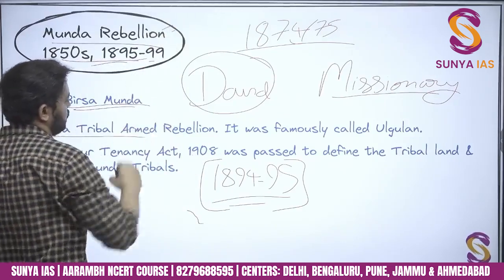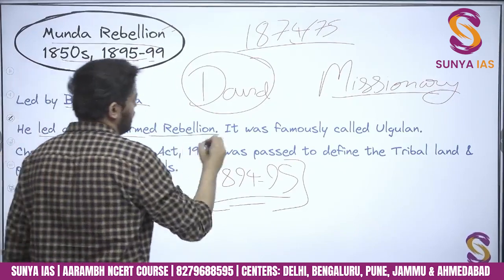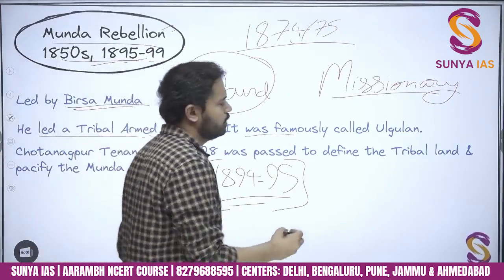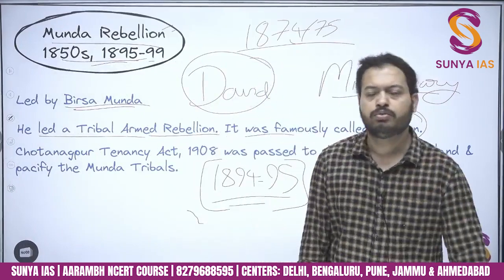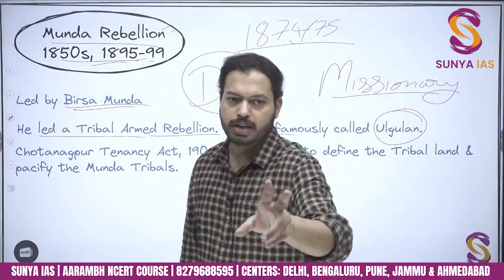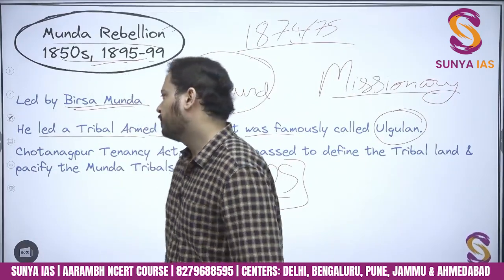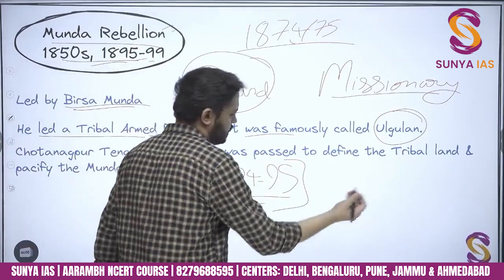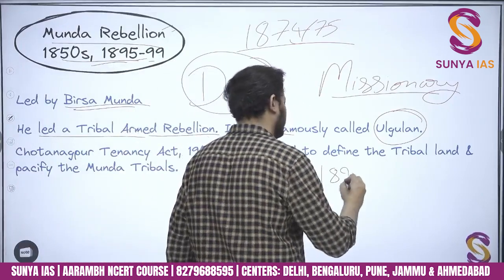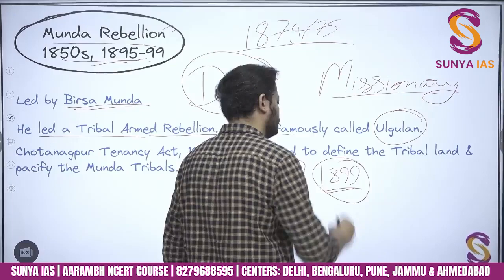He led a tribal armed rebellion, famously called Ulgulan, the word they used for uprising. Kota Nagpur Tenancy Act: although he was arrested and jailed in 1899, and he died in jail itself.